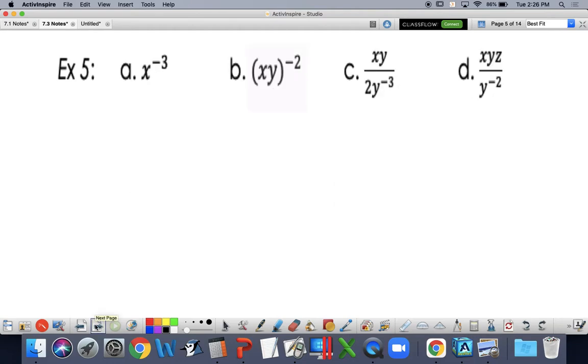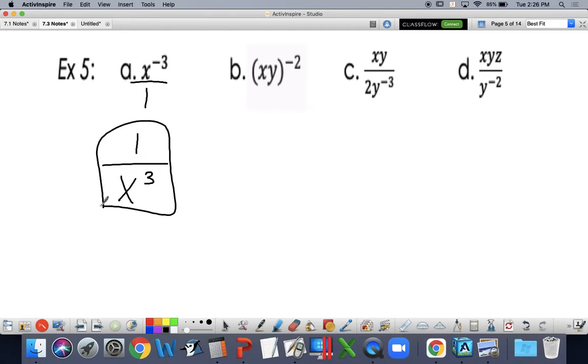All right, let's move on to some problems with variables in them. I have x to the negative 3, so it becomes 1 over x cubed. No more negative exponent. This example here, I have the combination of x times y to the negative 2. So the whole thing's going to move down.